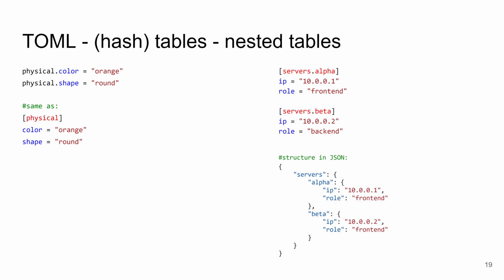If we were to look at this structure in JSON, we would see the servers table, then the alpha and beta tables, and then the IP and role key value pairs inside those tables. So those are nested tables.